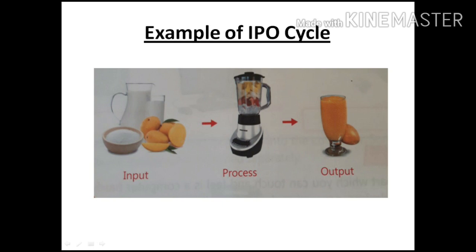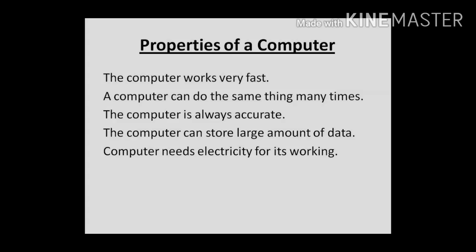So how will we process it? Using a food processor, that is our mixie. Let us consider mixie as our processing unit. And after that, what will we get? Mango shake. So mango shake is our output. Is it clear children? Okay.